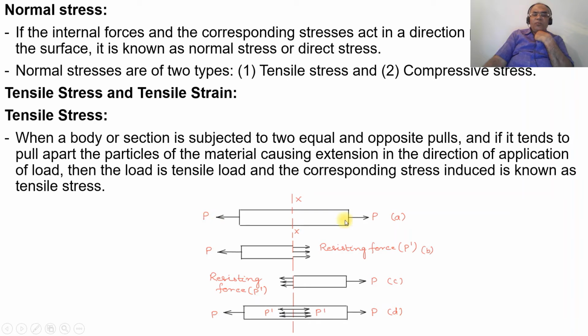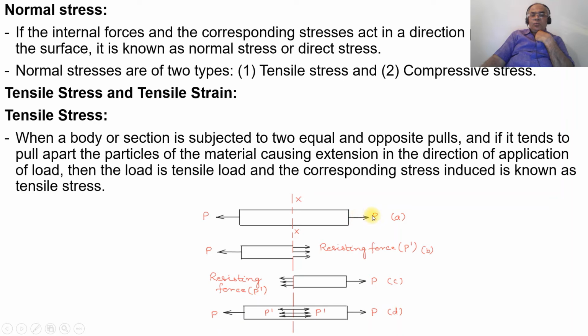Both are acting opposite to each other, where the magnitudes are equal. That means here is capital P and here is also capital P. And if it tends to pull apart the particles of the material, causing extension in the direction of application of load.